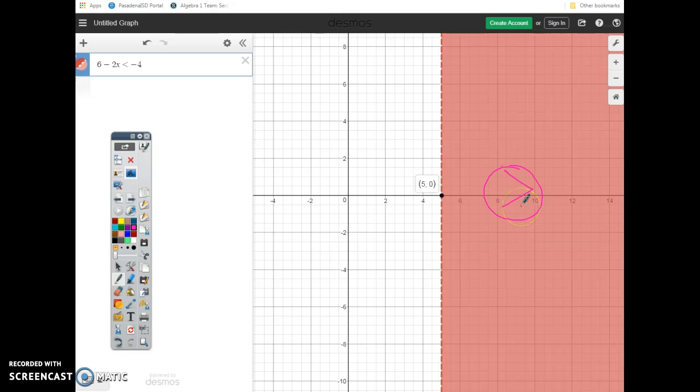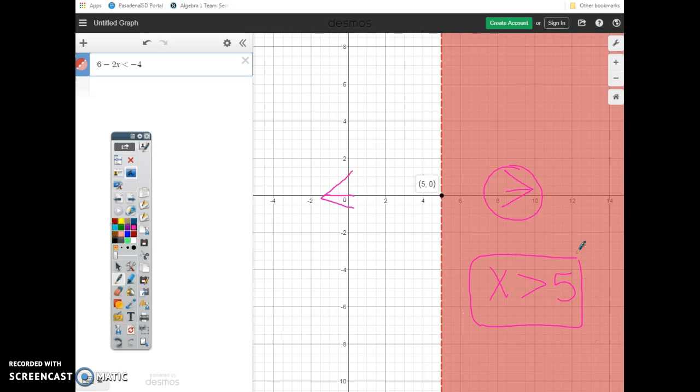To the right. Those are greater than numbers. If it points to the left, it's pointing to the less than numbers. Okay? This arrow is going to the left to the smaller numbers. This arrow is going to the right to the bigger numbers. So this is greater than, this is less than, and you don't need a line underneath because this is a dotted line. So it would be x greater than 5.